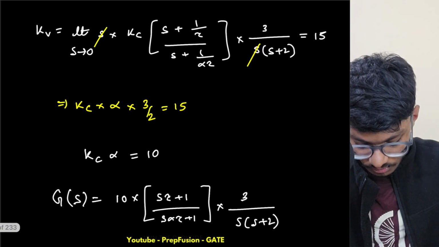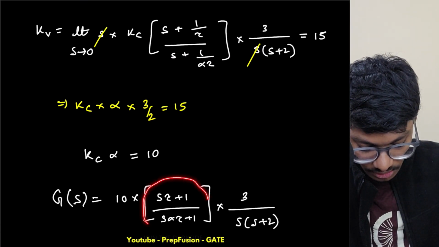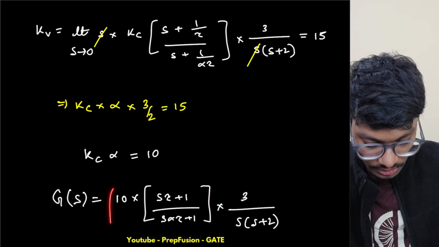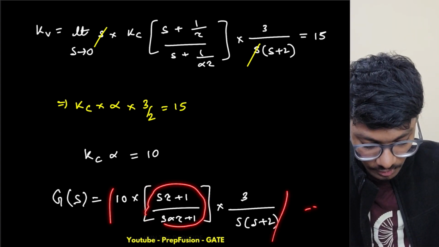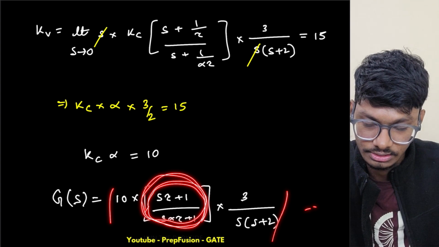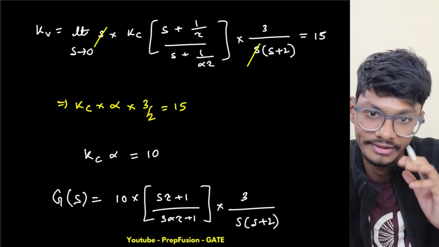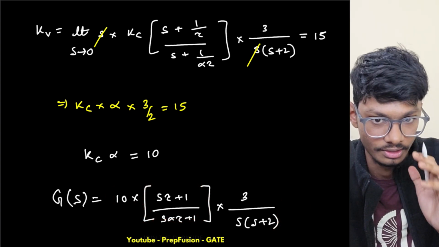Now if I use the gain formula equal to 1, I won't be able to evaluate this, so I won't be able to find omega gc.